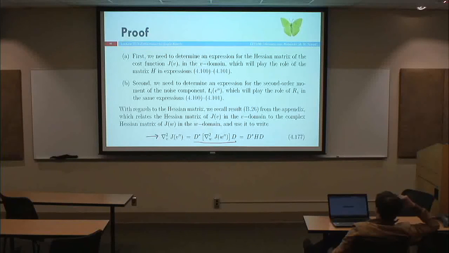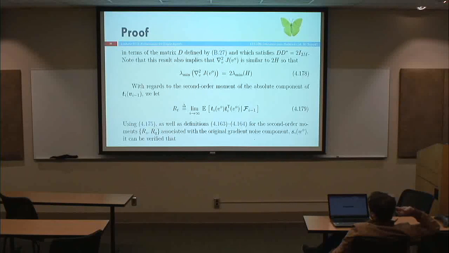Because D D star is 2I, the inverse of D is D star over 2. So this tells you that this matrix and 1/2 of that matrix are similar to each other, so they have the same eigenvalues.